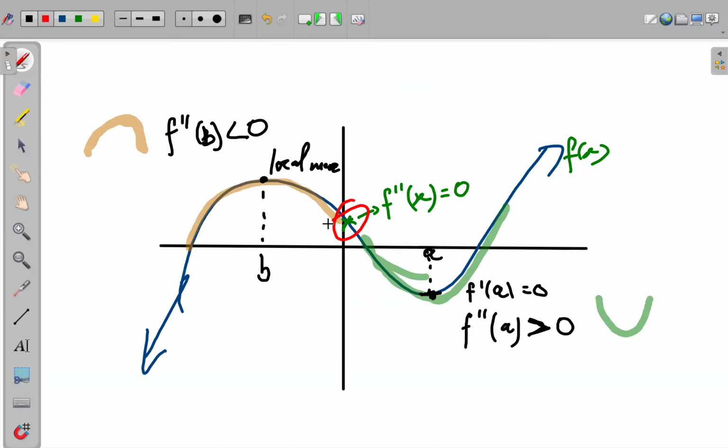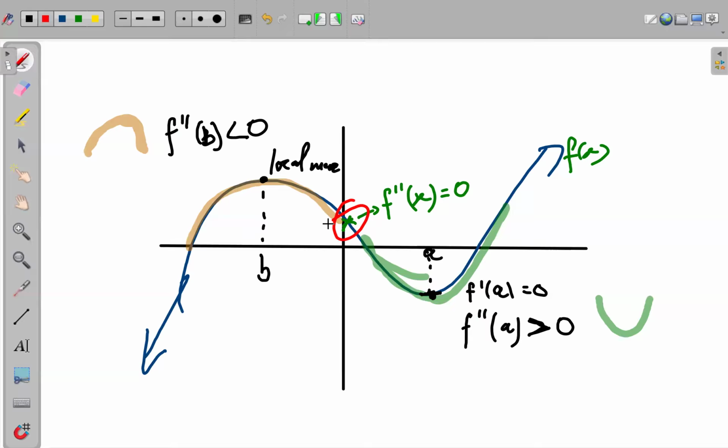So we get two types of points of inflection. Please take note of that. Sometimes we can get just a point of inflection where there are no stationary points. So it is possible to have a cubic function where there is no stationary point.